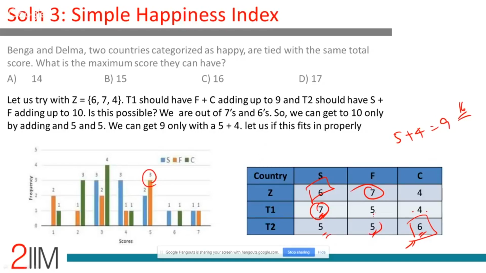An extra 5 from F, an extra 5 from S, they're both possible. Still remaining. So this grid is entirely possible. 2 7s in the right places, 2 6s in the right places, 2 F5s and 1 S5 possible, 2 C4s. Is that possible?